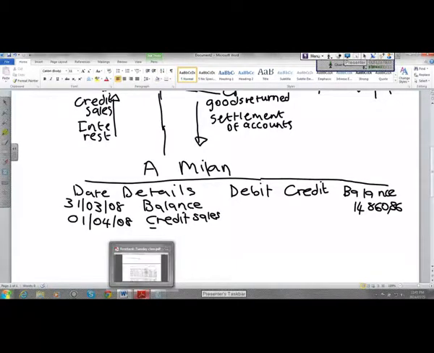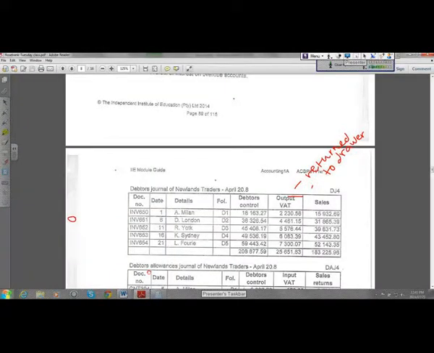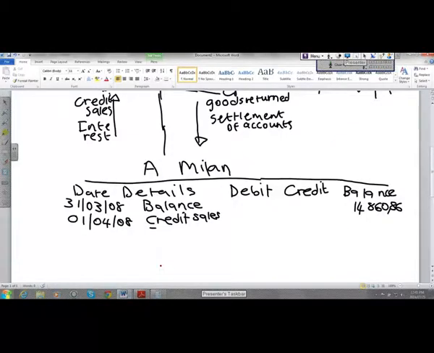INV 650. If we are selling to him on credit, the debt that he owes us will increase. On which side are we going to put it, the debit or the credit? It's going to be on the debit, because we said the asset increases on the debit.